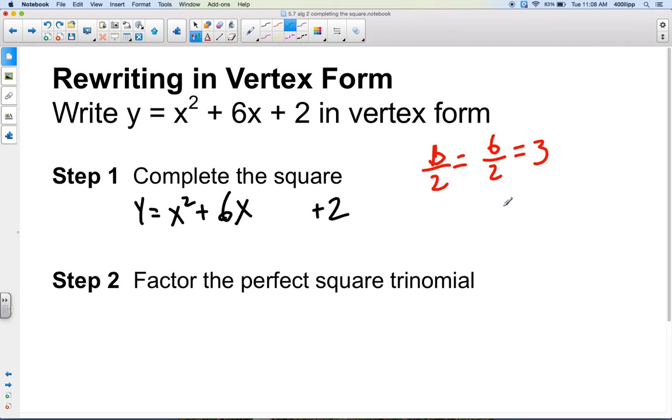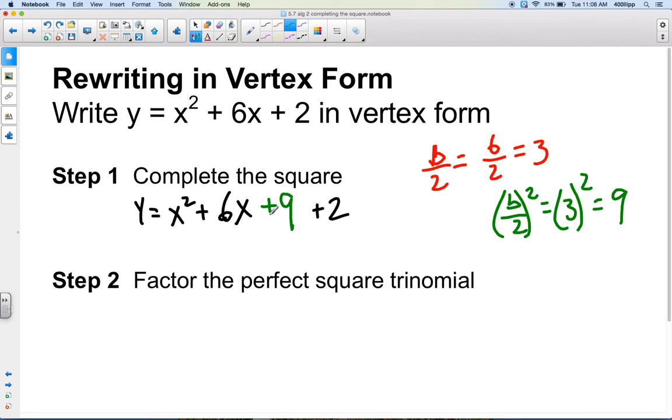And then we're going to do b over 2 squared. So your b over 2 is 3, and we're going to square that. So 3 squared is 9. Okay, so now we're going to add a 9 here. But here's the thing. We can't just be adding in values.